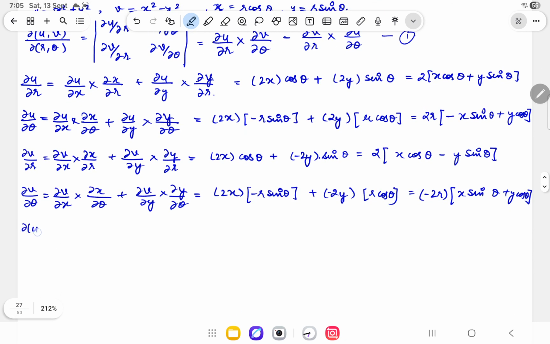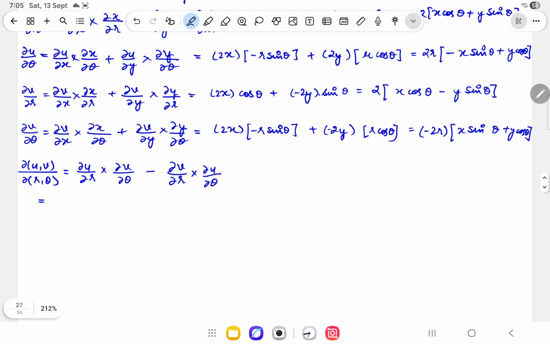So my del u comma v with respect to del r comma theta is basically equal to del u by del r into del v by del theta minus del v by del r into del u by del theta.